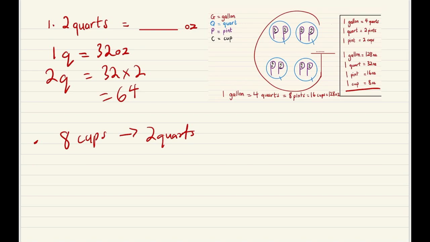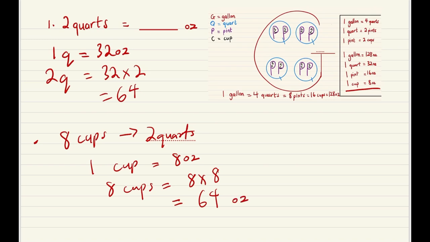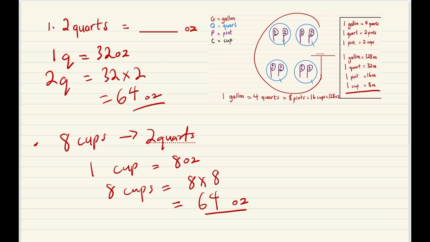But our answer is supposed to be in ounces, and we know that 1 cup is equal to 8 ounces. So therefore, 8 cups would be 8 times 8, which is 64. Regardless of how you do it, you always end up at the same answer.